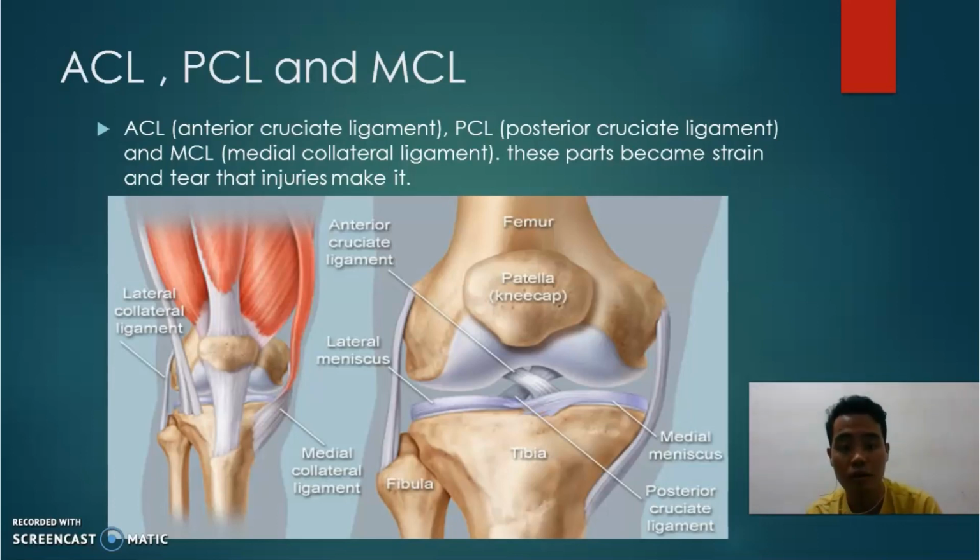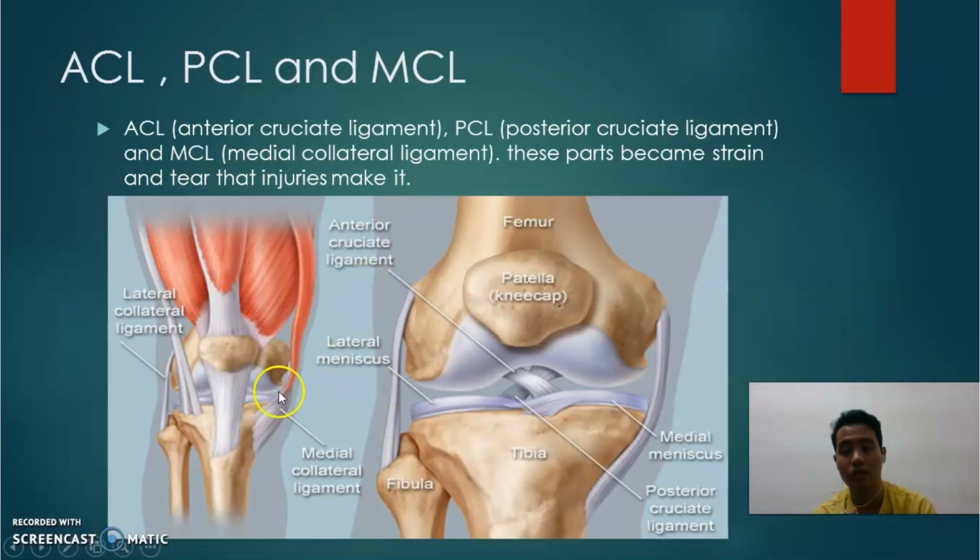These injuries are common for the athlete and are serious for the athlete, and this part becomes strained and torn.